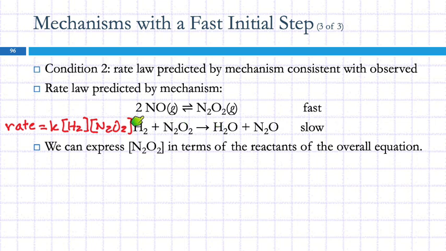So looking at this equilibrium, when a reaction is in equilibrium, that means that the rate of the forward reaction is equal to the rate of the reverse reaction. So we can write a rate law for the forward reaction.